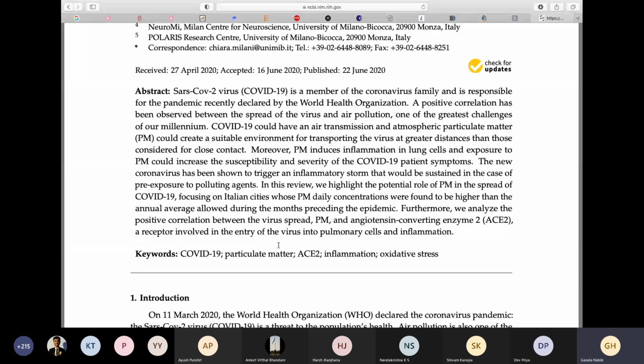A positive correlation has been observed between the spread of the virus and air pollution, one of the greatest challenges of our millennium. COVID-19 could have an air transmission, and atmospheric particulate PM could create a suitable environment for transporting the virus at a greater distance than those considered for close contact.